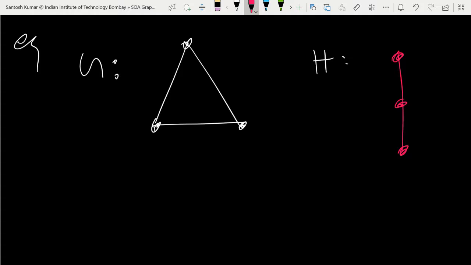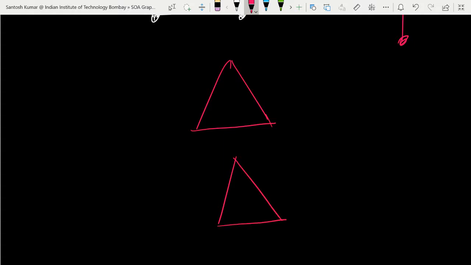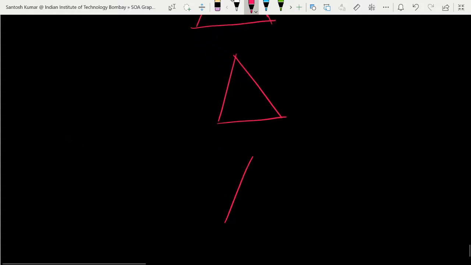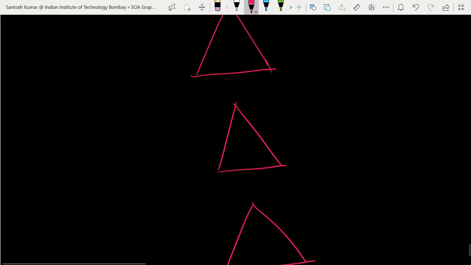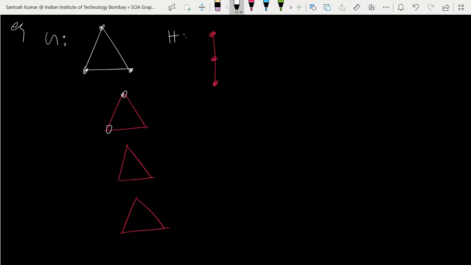So simply, 3 threes are 9. So again 3 times G you have to make. So if I make it once, twice, and thrice. So see now, this is 3 vertices. So you can join these three.